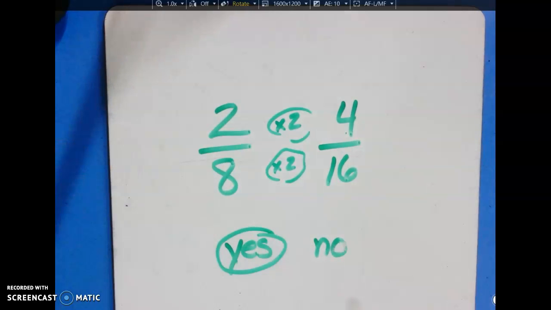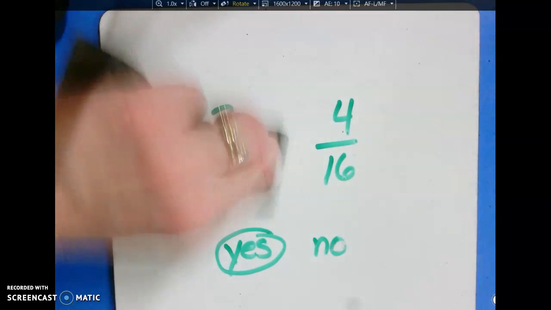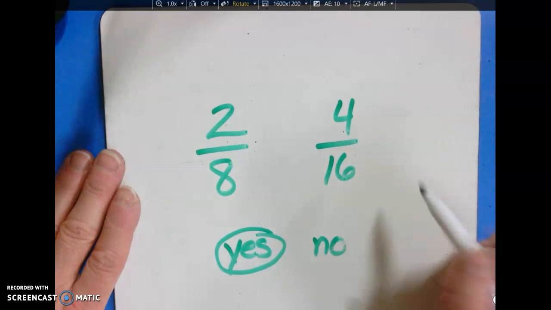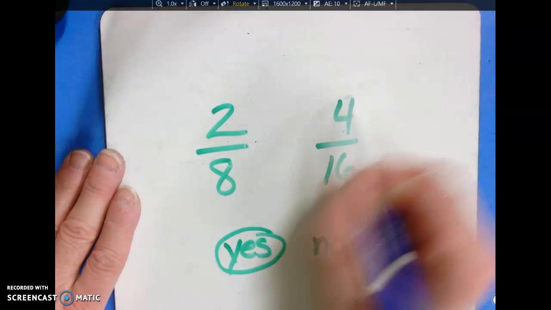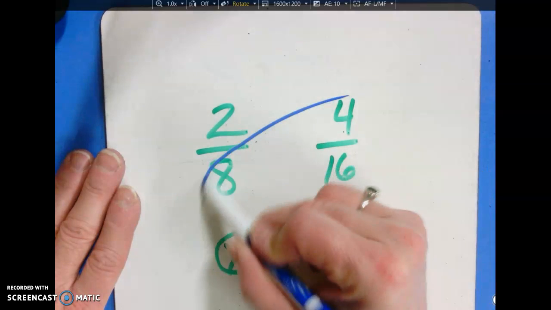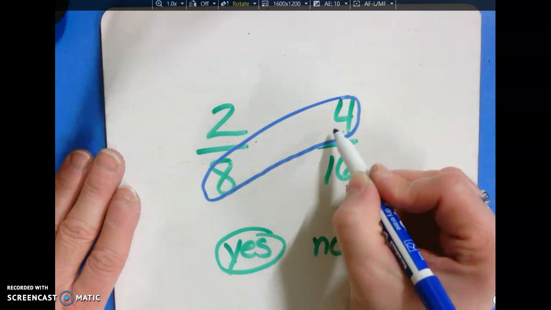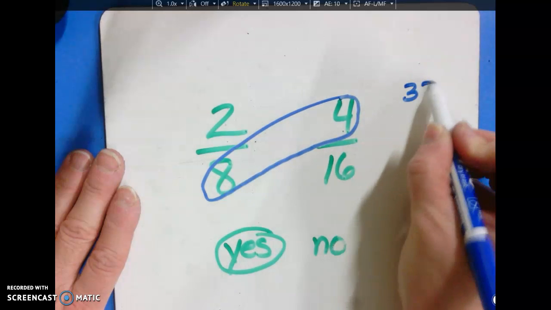Now I can show you something really cool that you can also figure out if these are equivalent, besides thinking about if they have a common or a fancy 1 in the middle. You can do something that's called cross multiplying. I can cross those numbers and think 8 times 4 is 32.